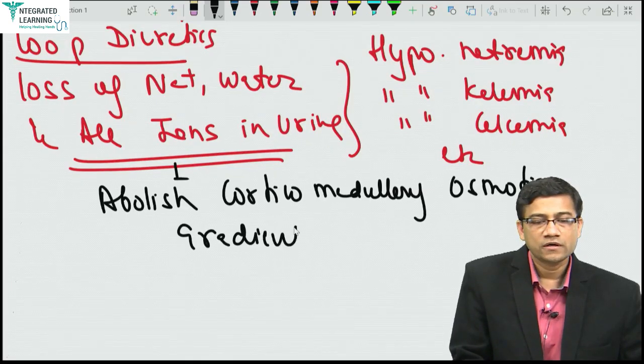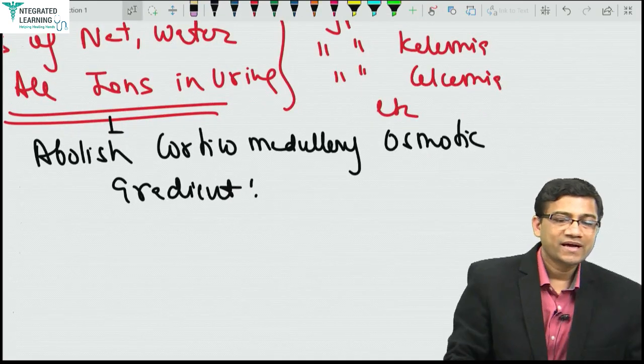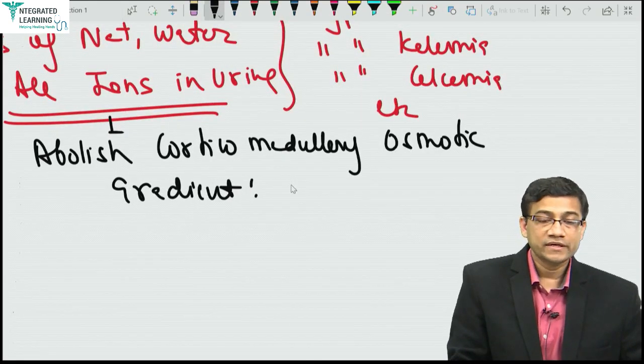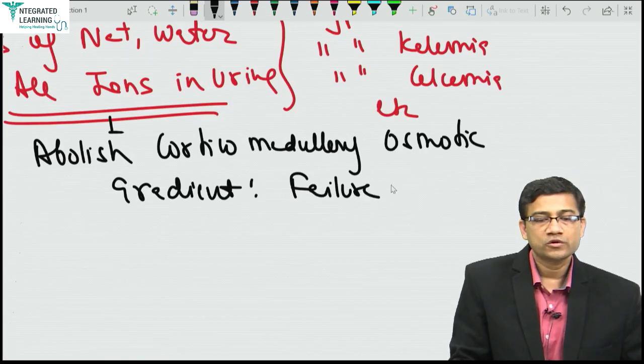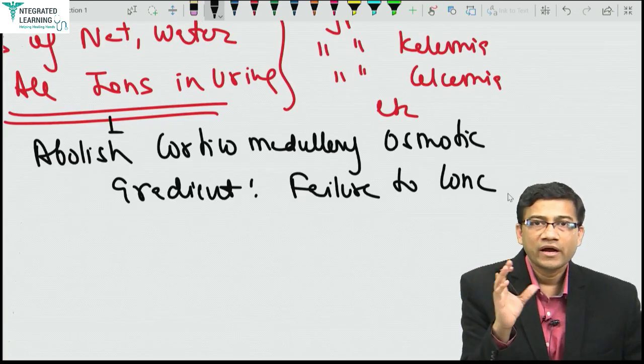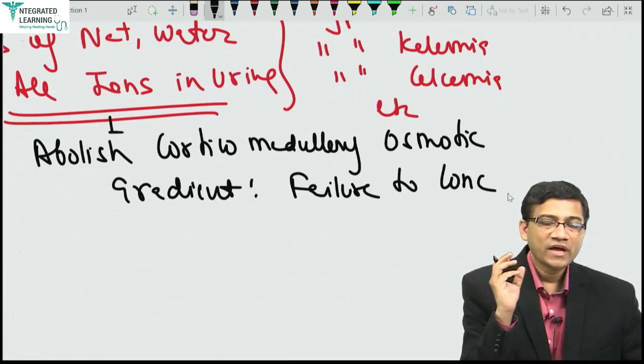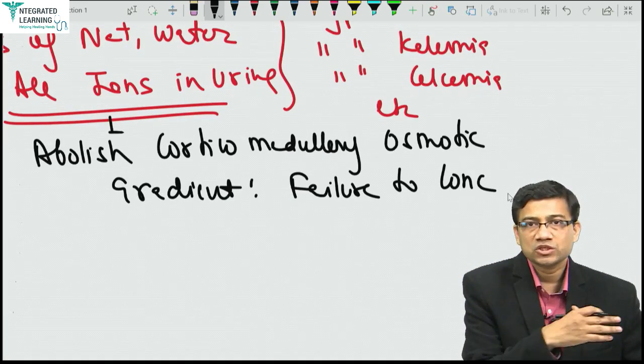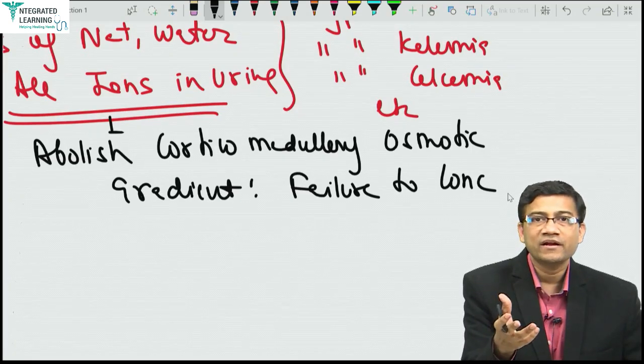What is the result? Failure to concentrate urine. Why? Because there is no medullary gradient. It will become almost the same as plasma. Why? If you stop this pump, the salts which are added to the medulla will stop getting added, and the medulla will become almost the same as the cortex, that is 300. So that's why failure to concentrate.